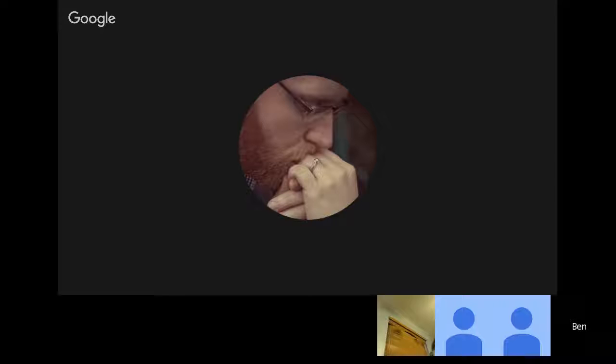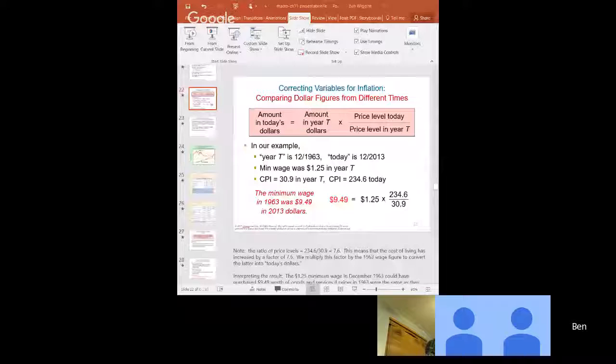So 5,000... 2010 CPI by 2009 CPI. The expenditure. Yeah. 168 by 160 is 1.05. 5,800 divided by 1.05, and you end up with 5,523.8.